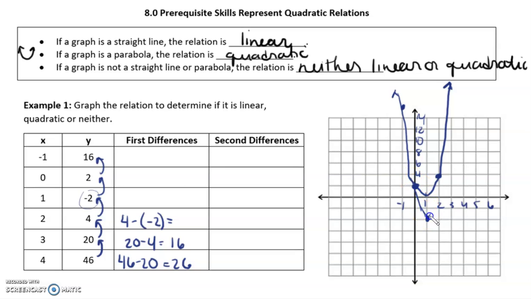Okay, and that's 6. -2 minus 2, which is -4, and then 2 minus 16, which is -14. Okay, we can't subtract this by anything, so this box gets shaded in.